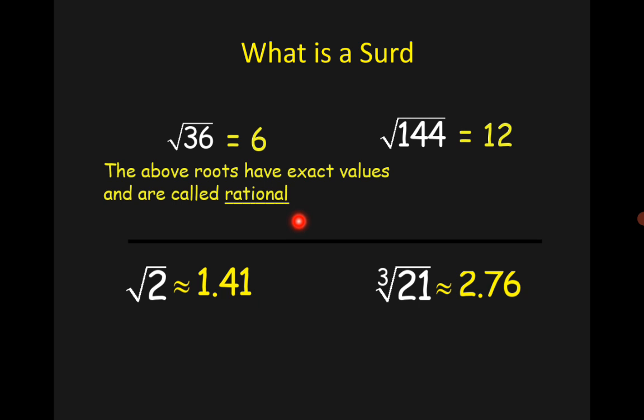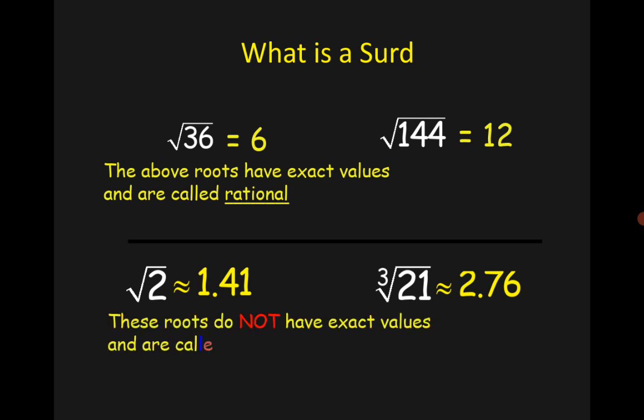Whereas root of 2 and root of 21, and you can also think of root of 3, root of 5, these roots cannot be found exactly. These roots do not have exact values. As you notice, these are not whole number values. You have 1 point something for the square root of 2 and 2.76 for the cube root of 21.